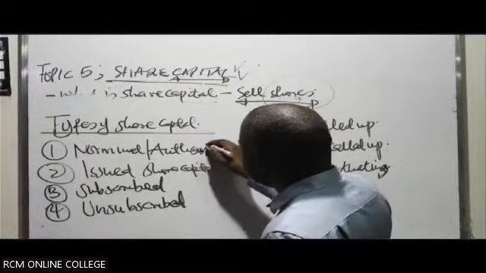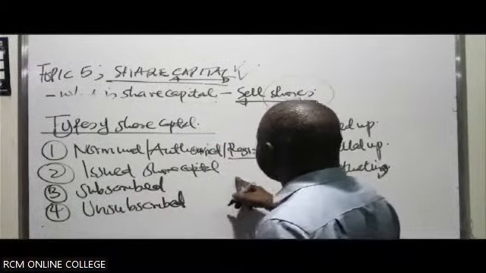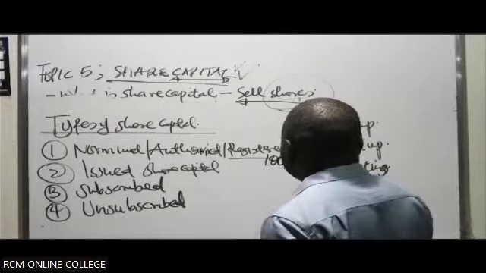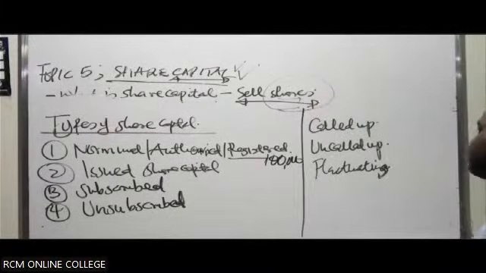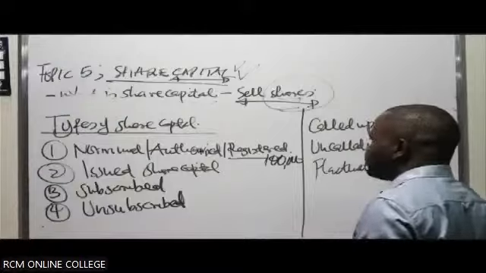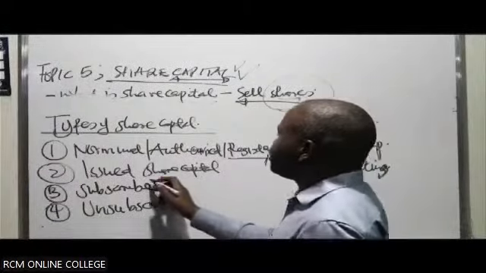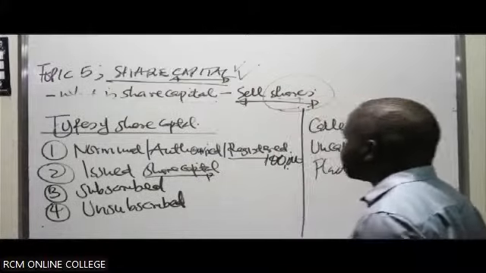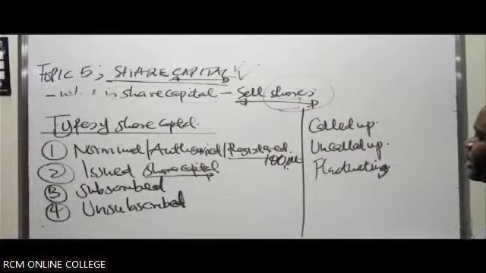Out of it, you can issue. Maybe the registered capital is 100,000, so you register your company with 100,000. Out of this registered capital, you can then issue part of it. What you issue out of this 100,000 is what we refer to as the issued share capital.